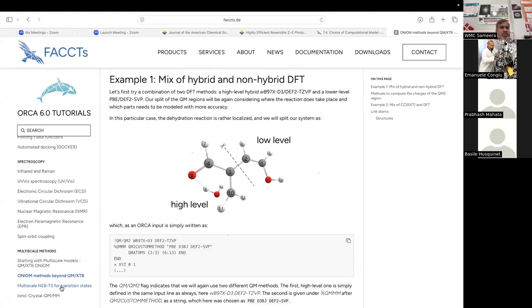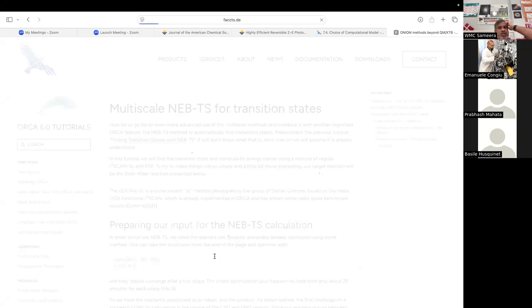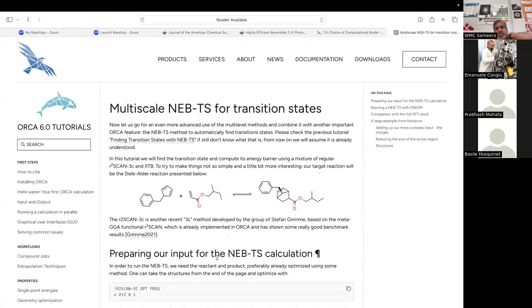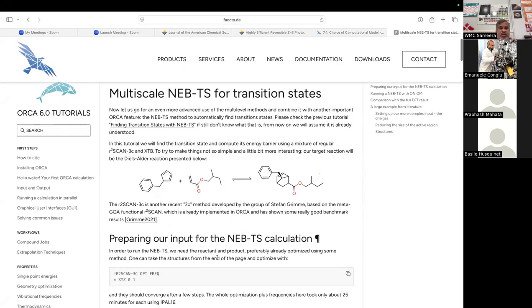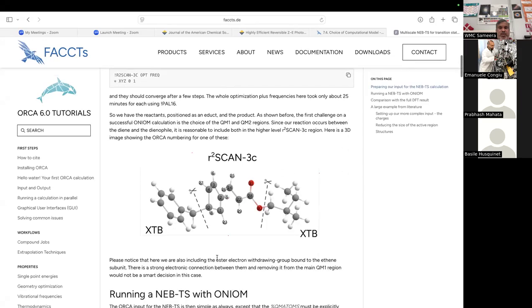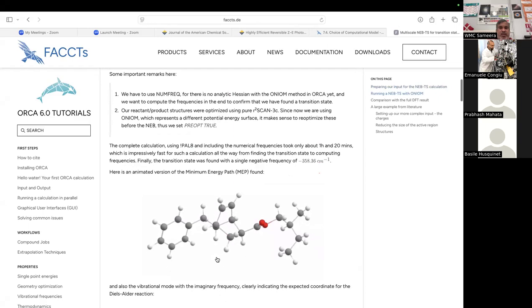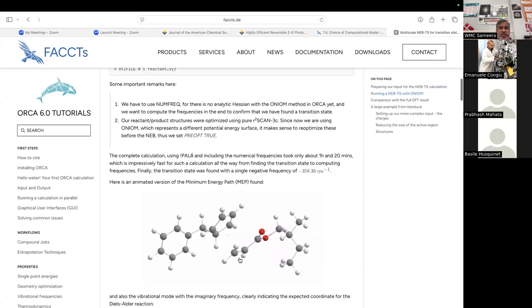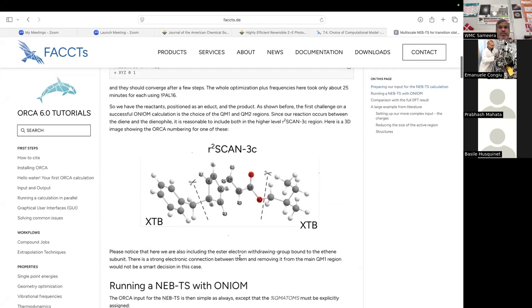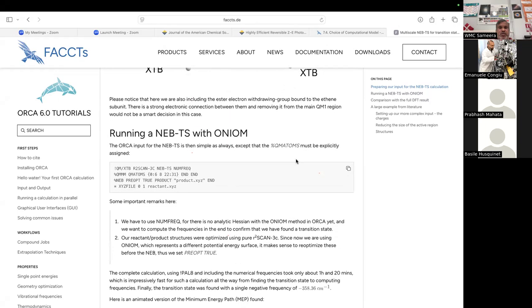So multi-scale, this is a transition state calculation. This is a good example you can do by yourself, and then you can get the transition state for this reaction. So it has two regions defined by XTB, and this part described by a quantum mechanical approach.